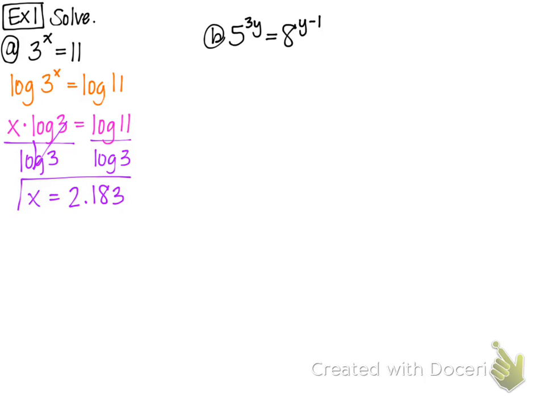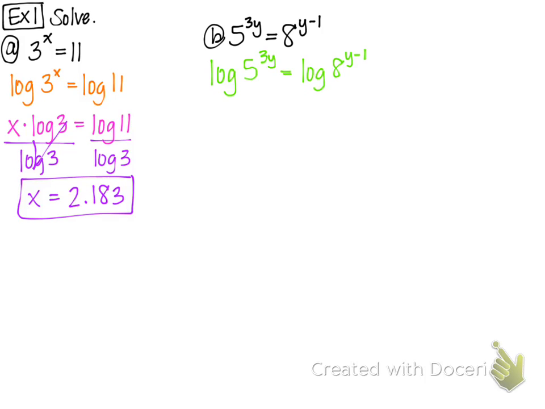Okay, let's look at example B. Same thing here. We don't really know what's going on. So, let's take the log of both sides. Log of 5 to the 3y is equal to log of 8 to the power of y minus 1.